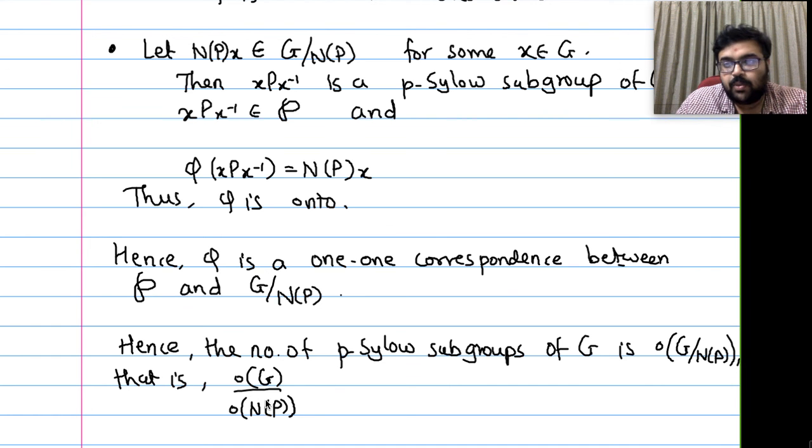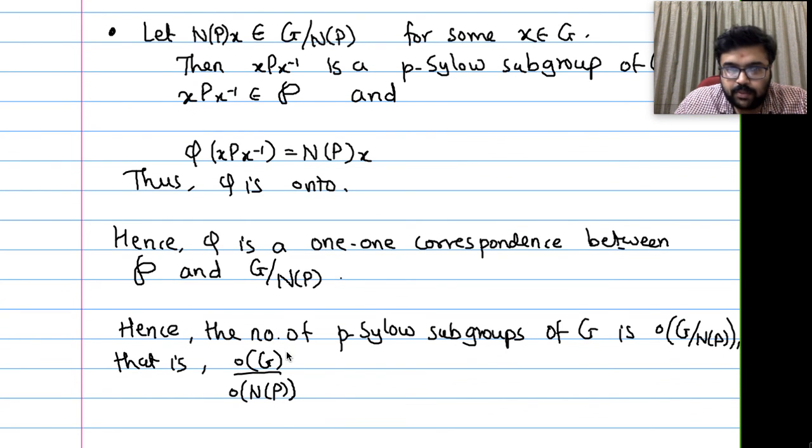And because N(P) is a subgroup, by the order of a subgroup dividing the order of the group, this is a factor.